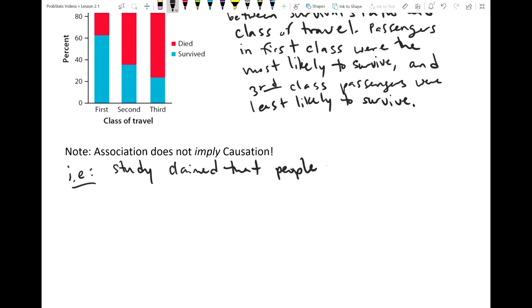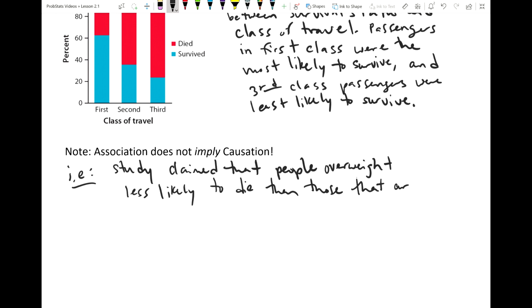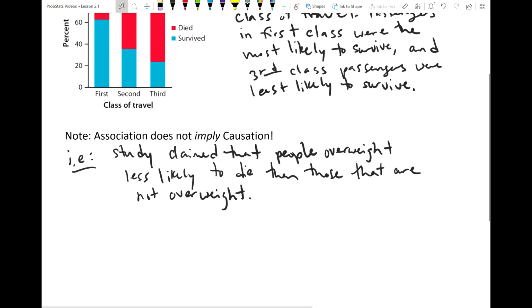So people that are overweight are less likely to die than those that are not overweight. At this point you might be thinking, well, how did they come to this conclusion? Where's the data? How did they do the study, right? These are things you want to keep in mind and keep a wary eye on: how did they do this study?